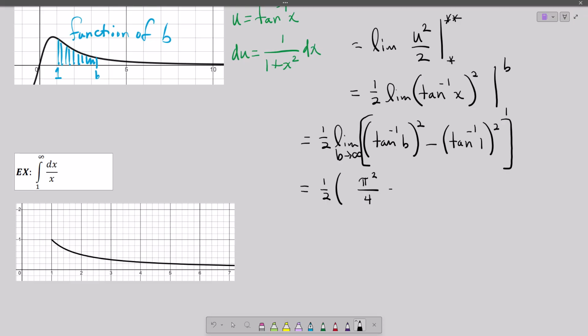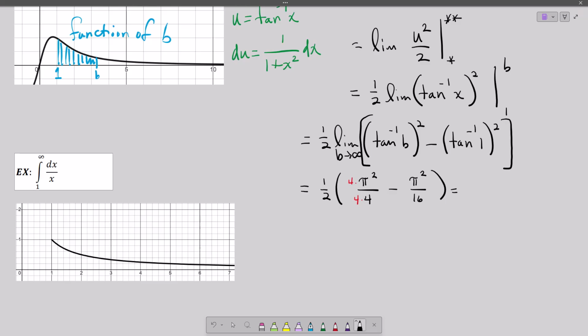And we've talked a lot about this one. Arctan of 1, angle on the right, tangent of 1, that's pi over 4, but we squared, so we get pi squared over 16. That will be our answer. Get a common denominator to merge those two terms together. Common denominator of 16, multiply by 4 and 4.